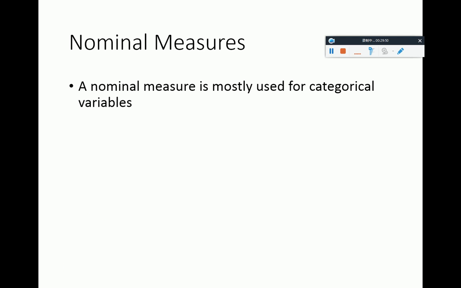It doesn't make sense to say, well, how much of a male are you? 90%, or how much of a female are you? 95%, right? That doesn't make sense at all. And therefore, when we encounter some very classic or typical categorical variables, we can only use nominal measures. So party affiliation, that's another good example.